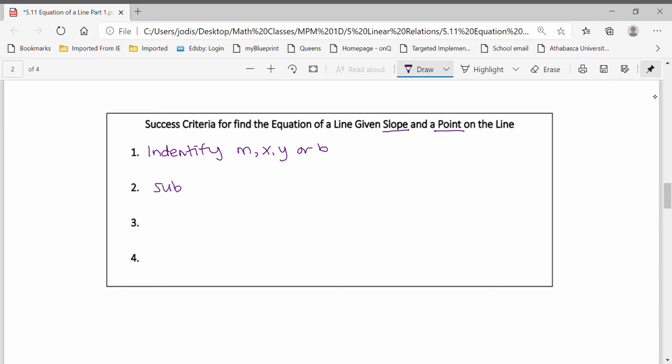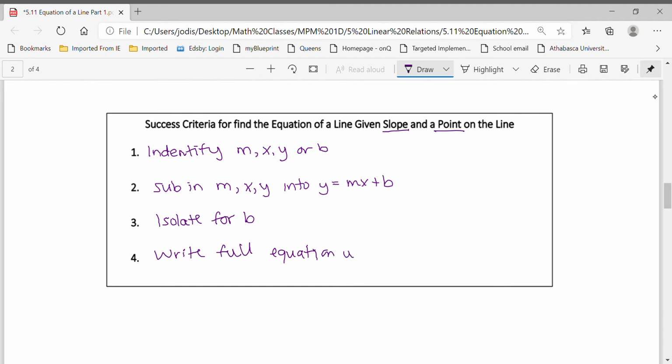And then we want to sub in the slope, the x, and the y into y equals mx plus b. Then we want to isolate for b. And then we're going to write our full equation using our m and b. Okay.